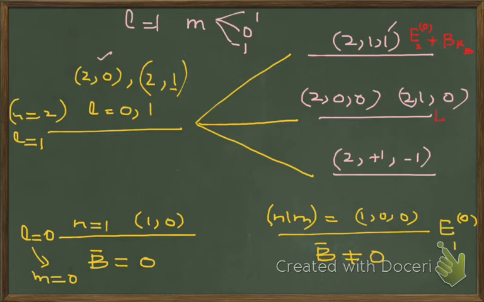This level has the energy value E 2 0, and this one is E 2 0 minus B times mu B. The minus comes from m equal to minus 1.